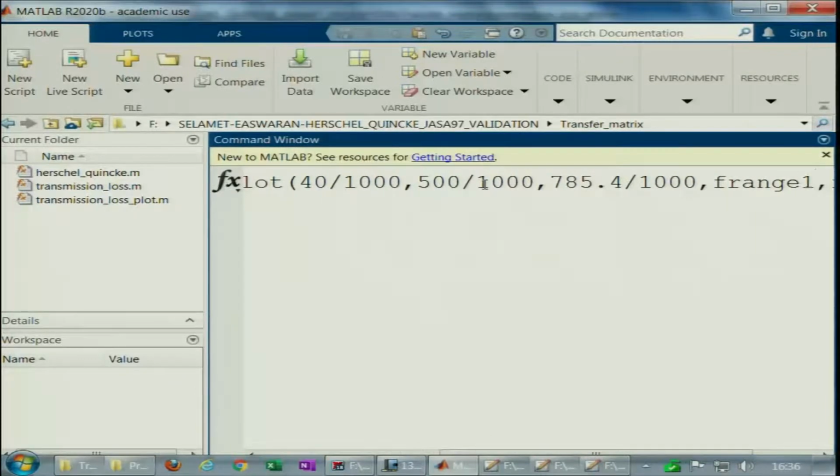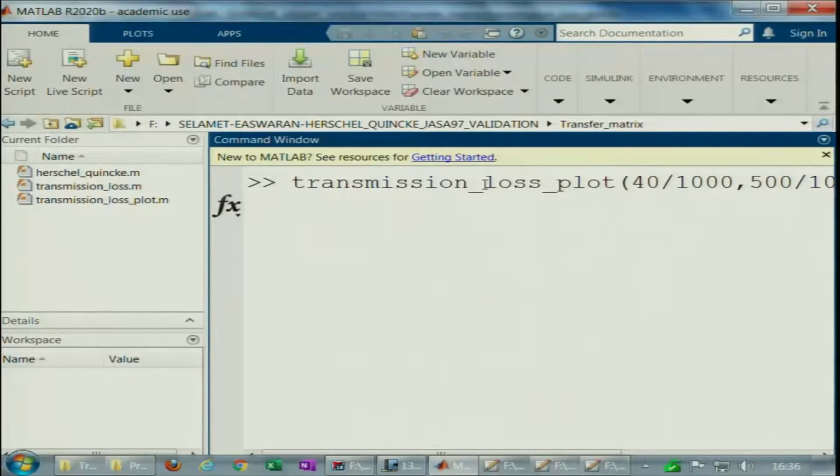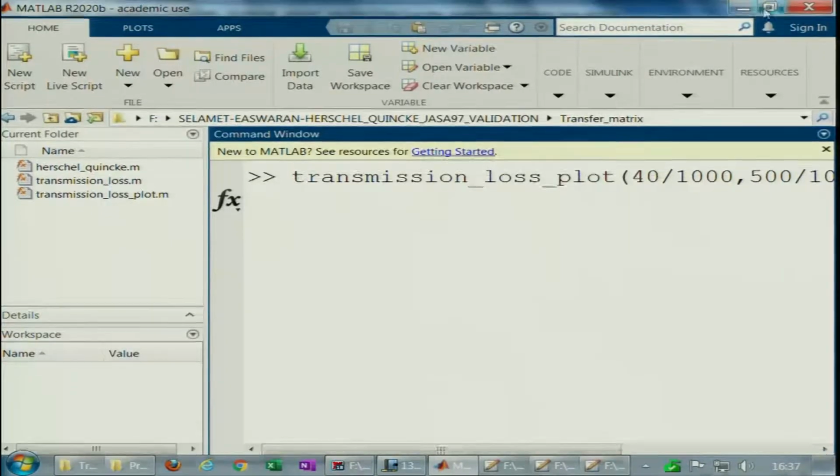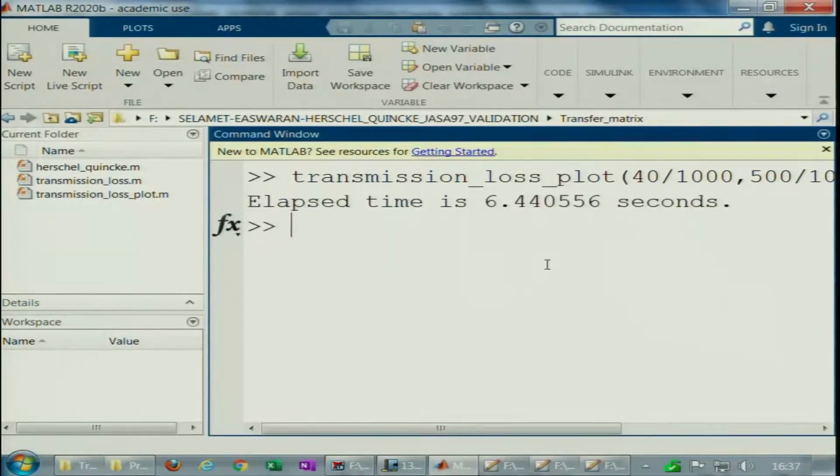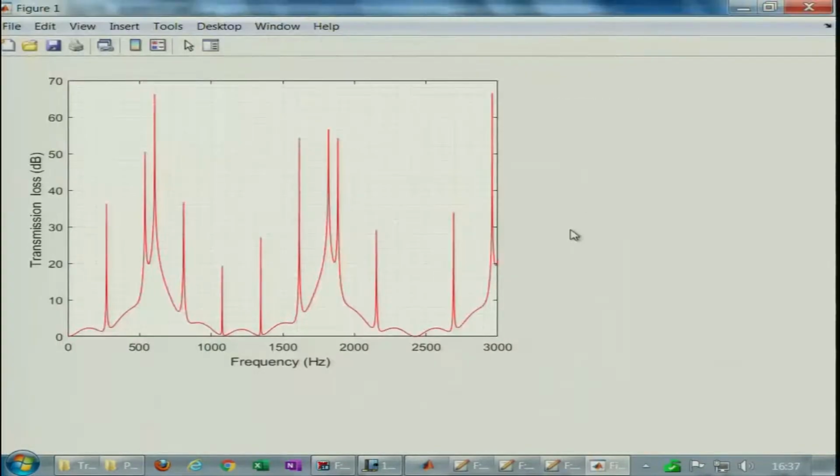Everything is in meters. I can go from 1 to 3000 hertz, because really for such things only very low frequencies will propagate. It is going to take a little bit of time, and we get this kind of transmission loss.